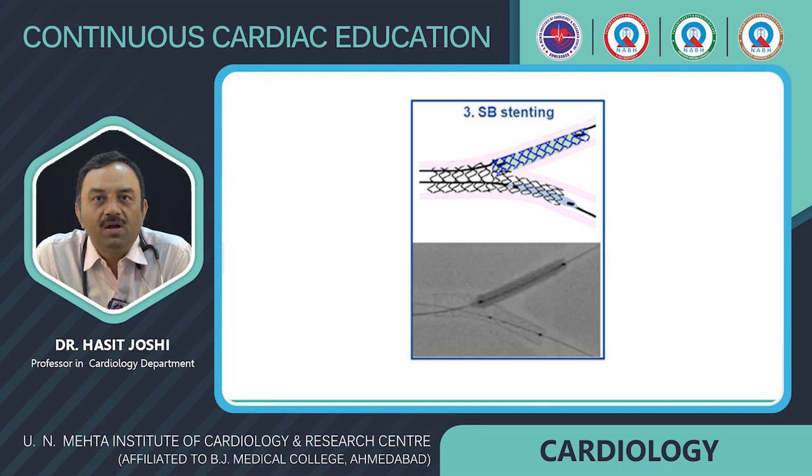And you have to keep a balloon in the distal main branch. The stent is sized to the side branch 1:1, after which one stent is deployed.